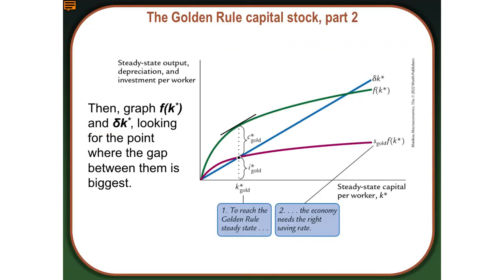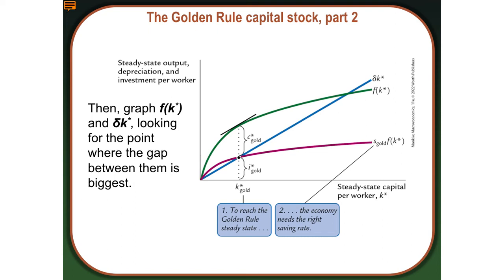So if we are to find the golden rule level of capital per worker graphically, this simply amounts to looking at that graph we looked at a little bit earlier, where on the x-axis we are looking at all the potential values of K star. So these are all of the potential values of the steady state capital per worker.